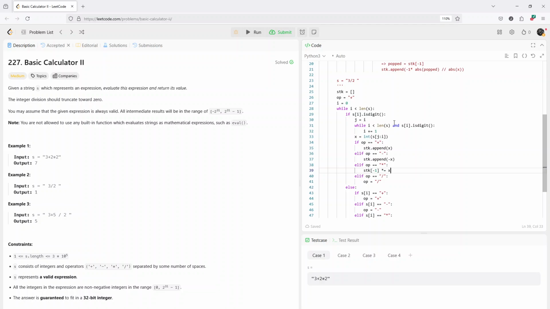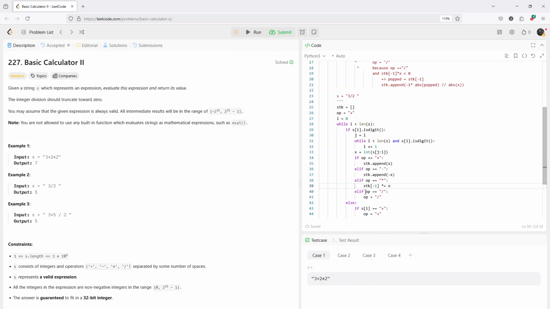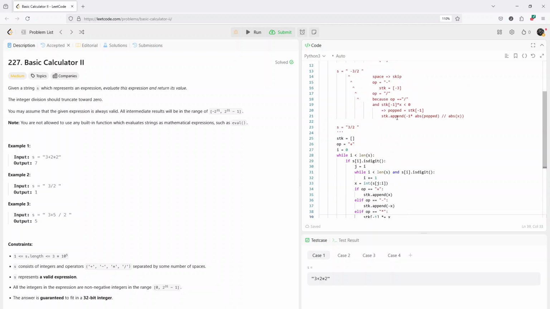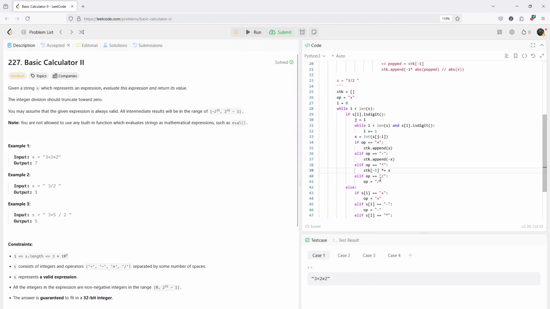And then the division. So we know that if they're both negative, like let's say negative 3 divided by negative 2, then that's just the same as 3 divided by 2, which rounding down would be 1.